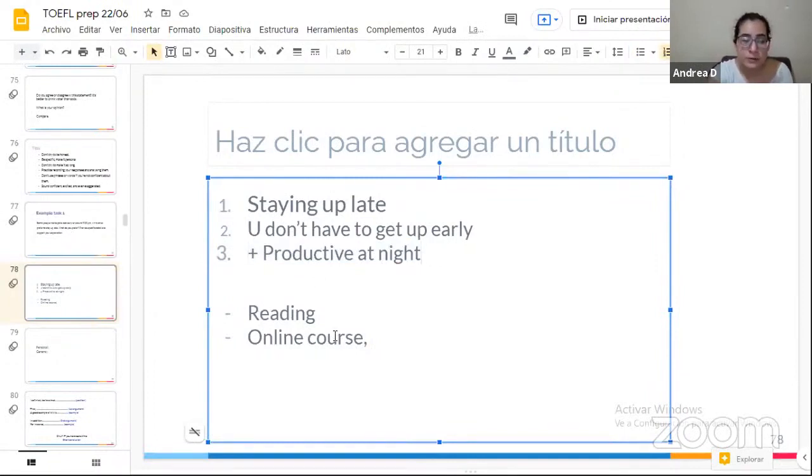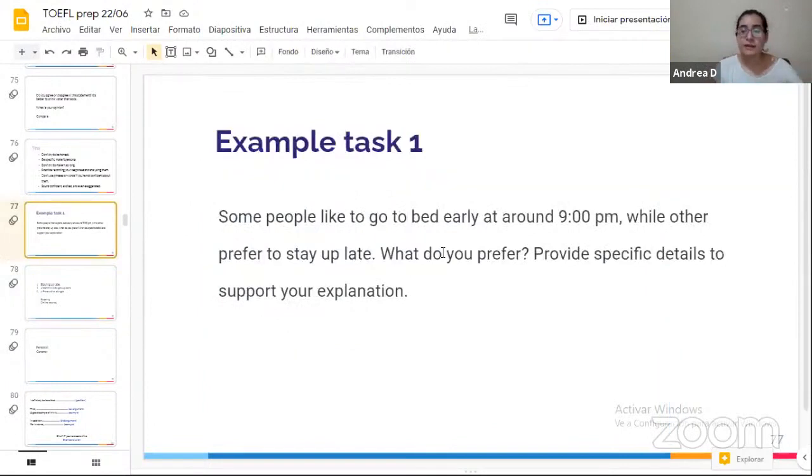So I ended up doing nothing all day. So you could give an example for the other option and tell me how it didn't work for you, or doesn't work for you right now. You could say, whenever I go to bed early, this happens to me, so that's why I prefer to stay up late. You can play around with that.